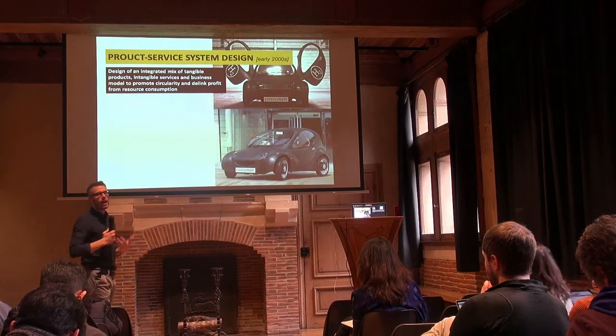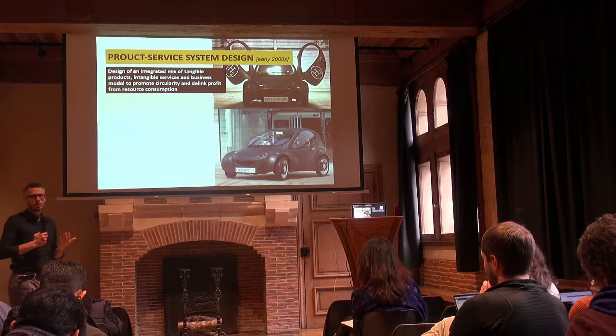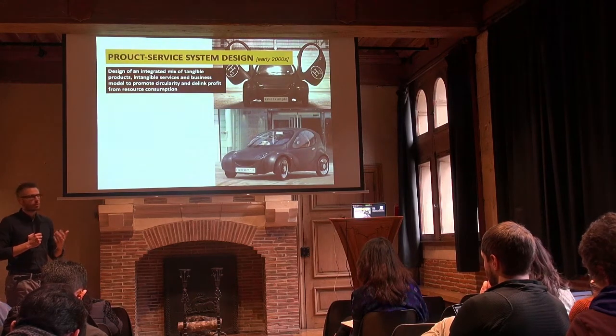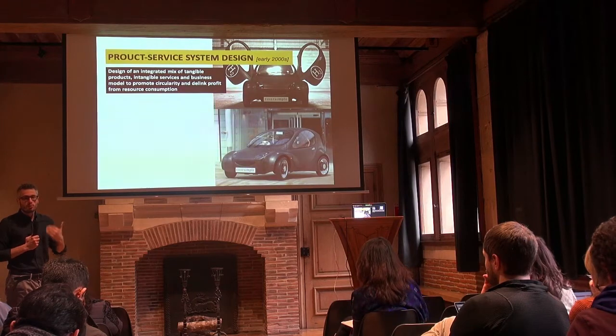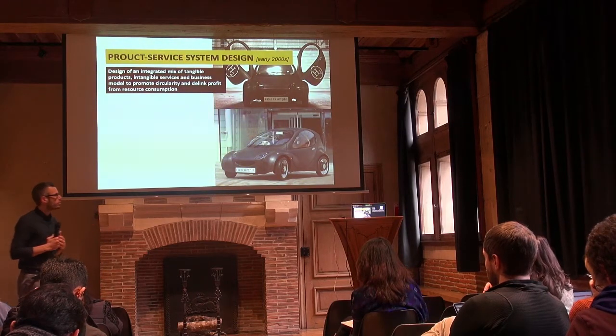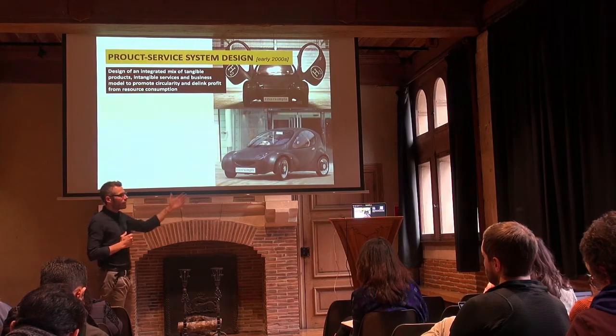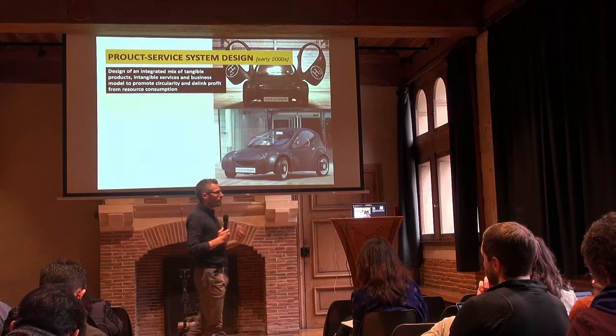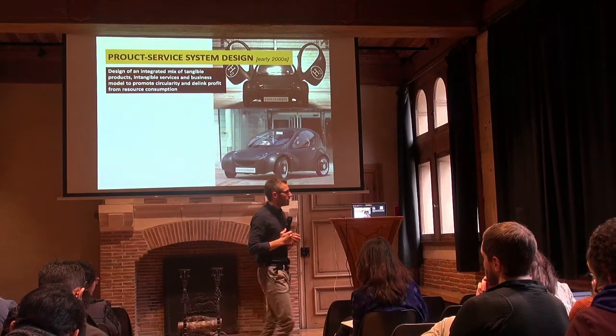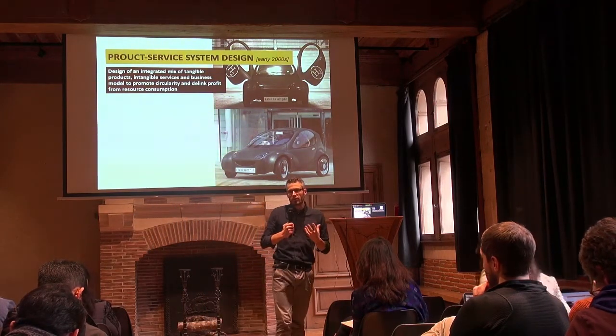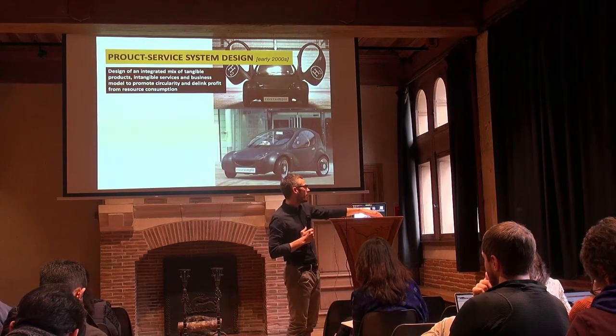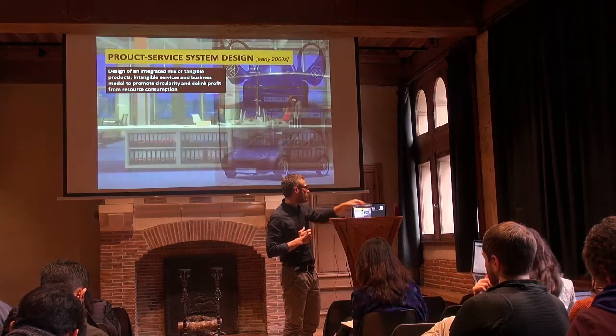So this creates an interesting alignment between the economic and environmental interests, because the company will be economically interested in improving the efficiency of the car as much as possible, and also designing a long-lasting car. So that's the real benefit of product service system, this alignment between the environmental and the economic dimension.